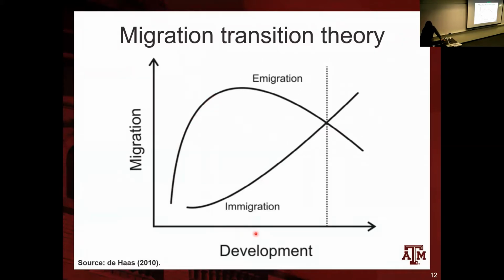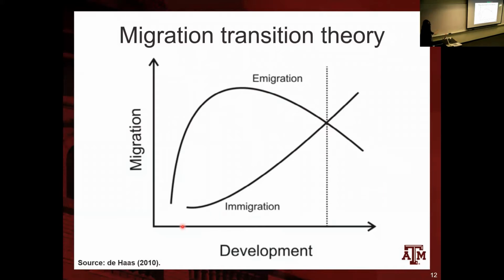But as these countries develop even more and start to provide good educational opportunities, health conditions, and jobs to people, people tend to stay more, and then the chances of people emigrating, getting out of those areas, will decline.